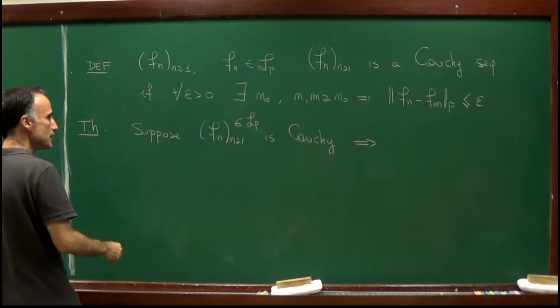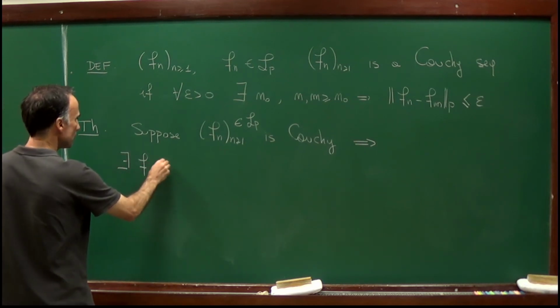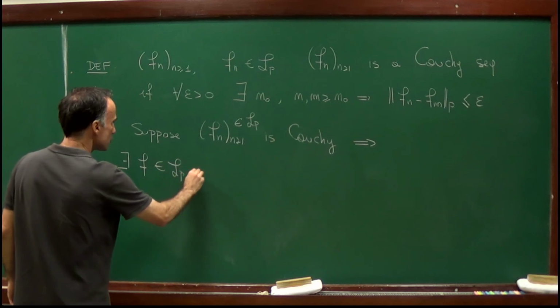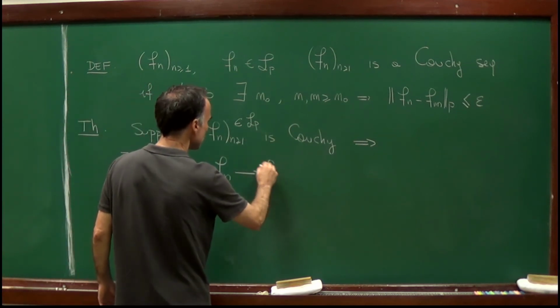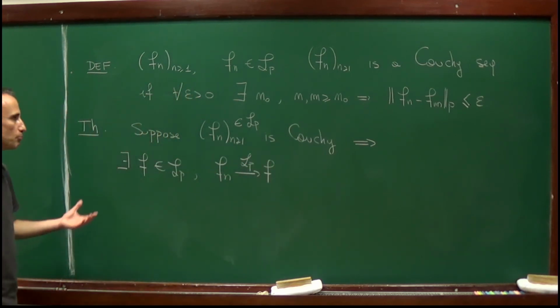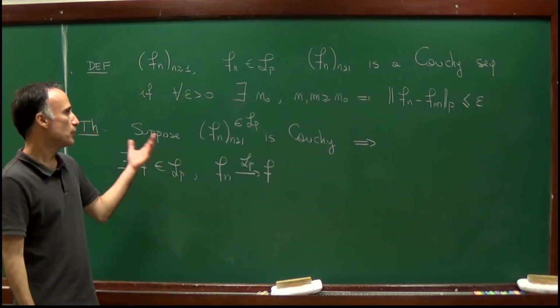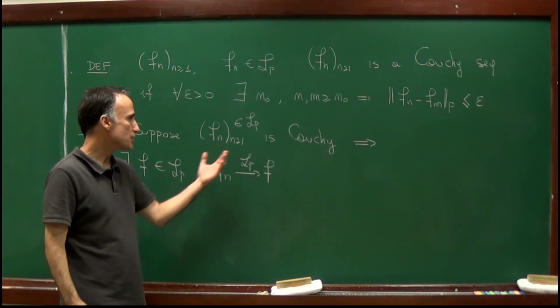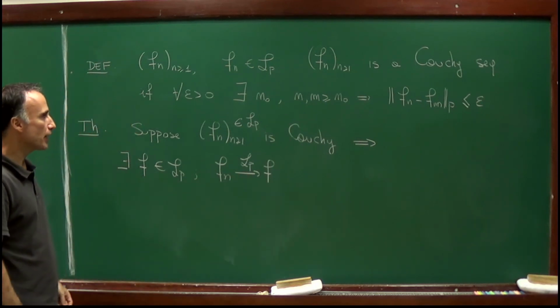And what I claim is that, well, if it is Cauchy, there exists a function f in LP such that Fn is converging to f in LP. And this is what we call complete. So we are proving that the space LP is complete, in other words, that any Cauchy sequence converges. So this is what I will prove now.